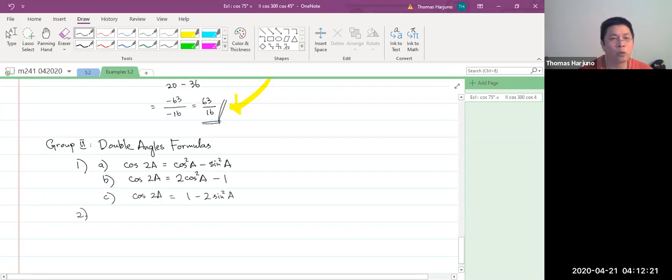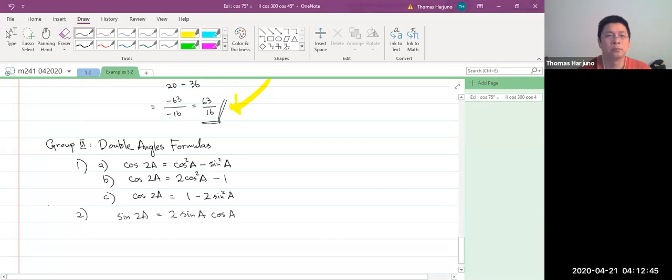The first formula has three variations. The second formula is sine 2a equals 2 sine a cosine a. No other variation, only one variation.